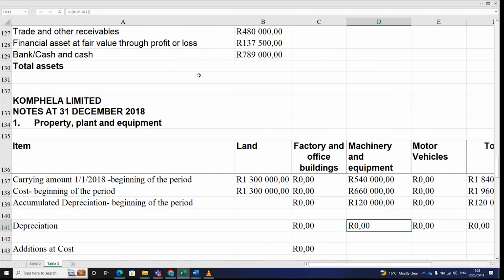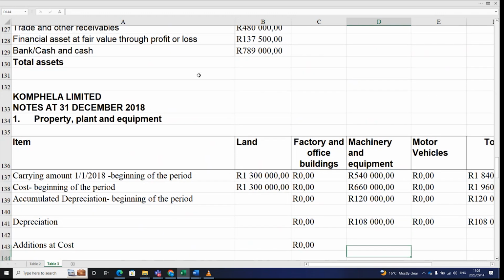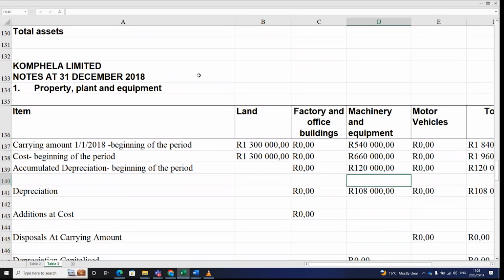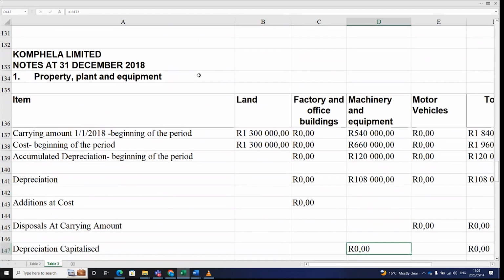Then the depreciation of this, since it's the reducing balance method, is multiplied by 20%. But since we want to split the depreciation from the depreciation capitalized, we need to apportion this for the period where it was not being used to construct this asset.